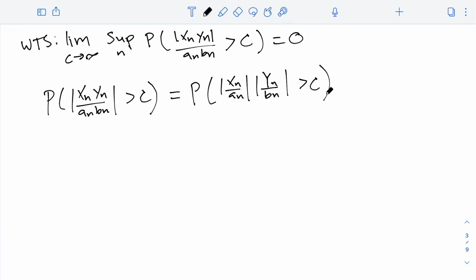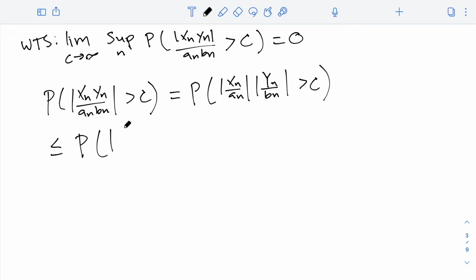And as we did before, we're going to note that since both of these are non-negative random variables, in order for their product to be greater than c, at least one of the two has to be greater than square root of c.